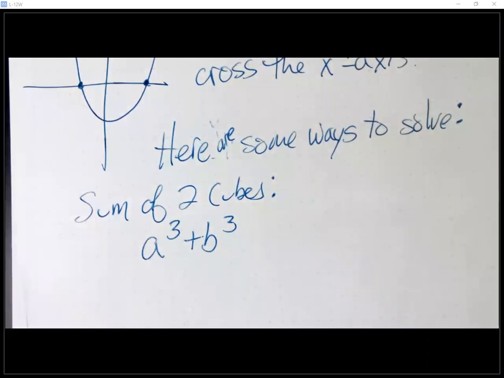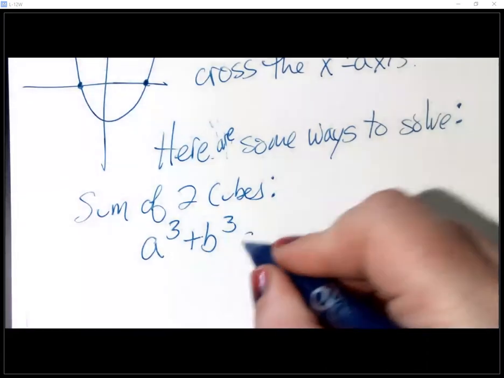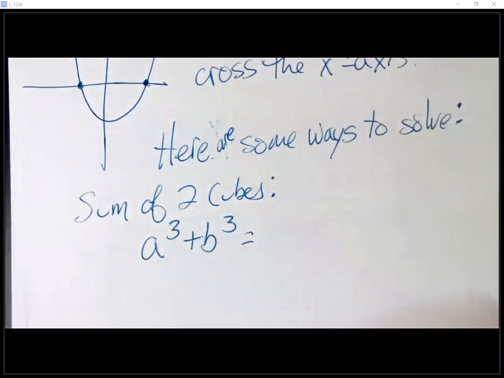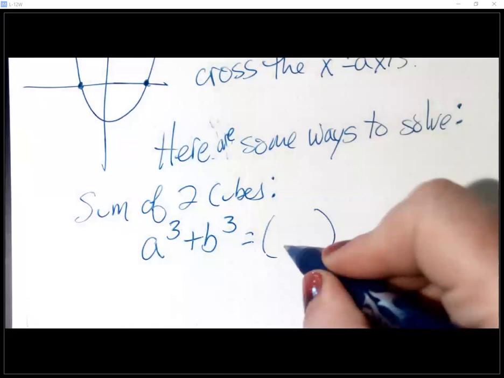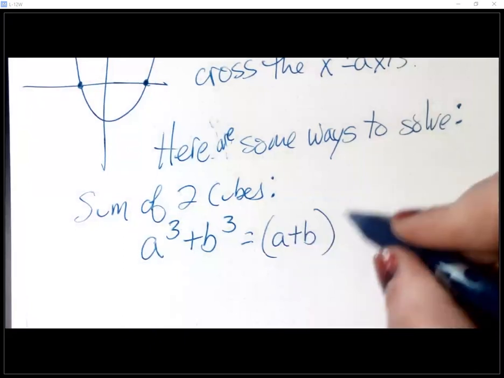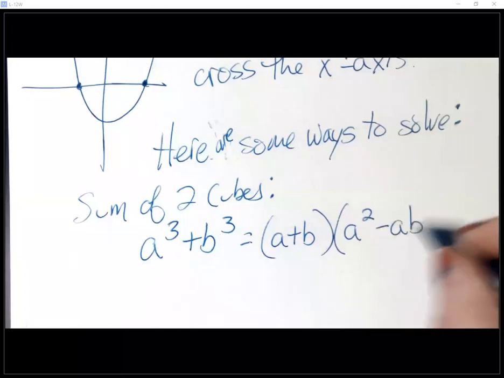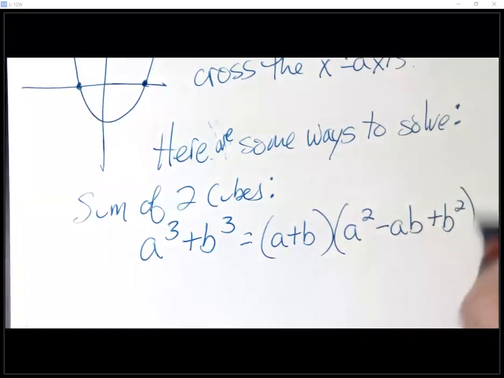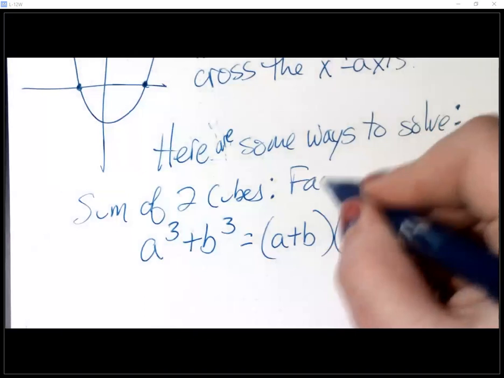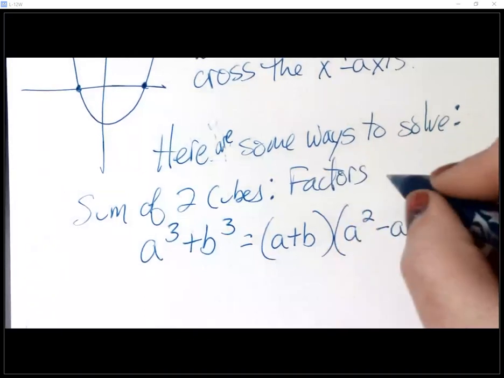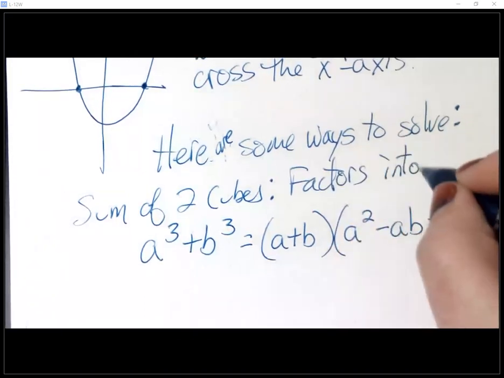So the sum of 2 cubes is going to look like this: a plus b, and then in my next one, I'm going to have a squared minus a times b plus b squared. I know this looks like a lot at first, but once we practice a few of them, it'll make more sense. So when you have the sum of 2 cubes, it factors into these things.